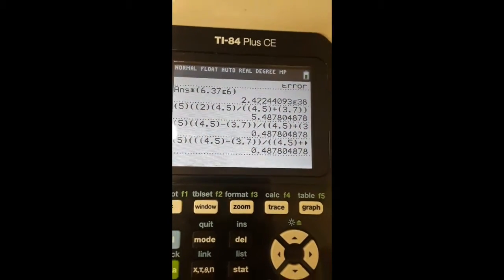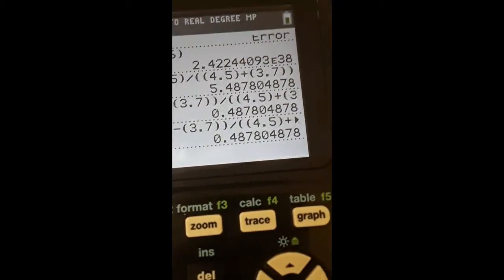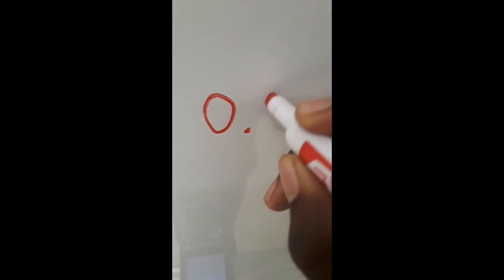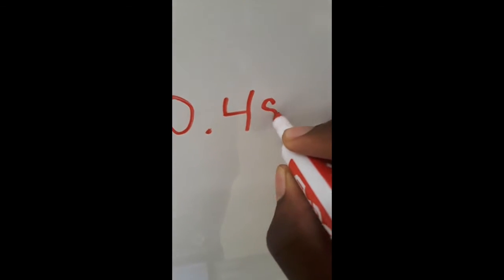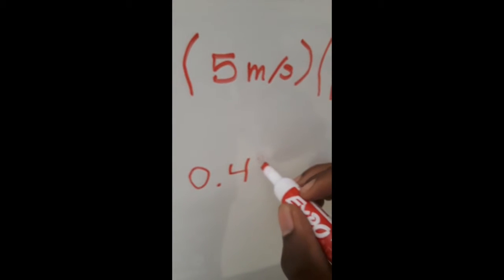Okay, so this is the final equation. I plugged in the numbers. As you can see, the final velocity of the first object shows that the object has slowed significantly. We're going to round to the nearest hundredth again.